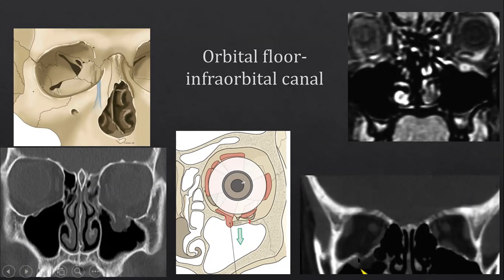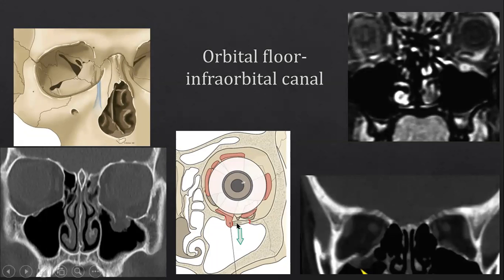Sometimes you don't necessarily have to have the inferior rectus. Sometimes you can have fat which can protrude down, and this fat can tether the muscle and impede its movement during ocular motion.